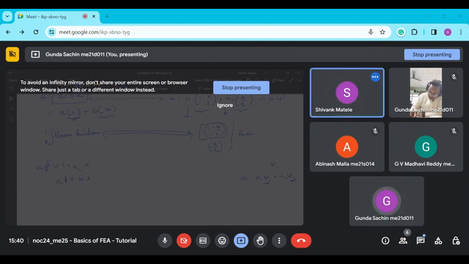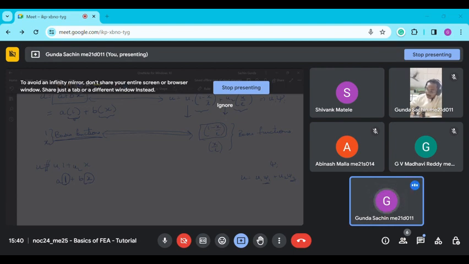These are multiplied by different coefficients. You get it, right? So these are called basis functions, and even these are also called basis functions, but these are special. Those which can be written in terms of u1 and u2 are called shape functions.